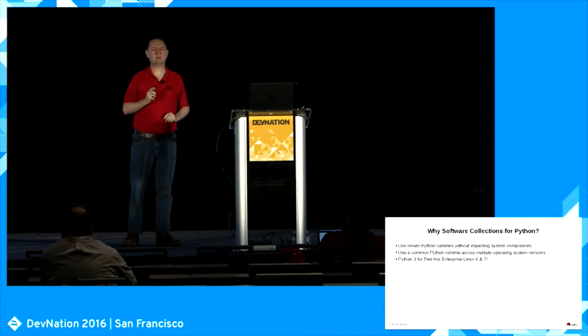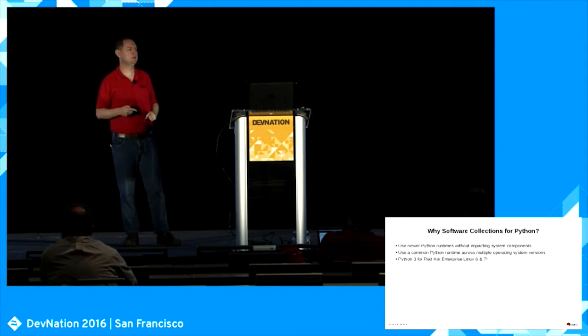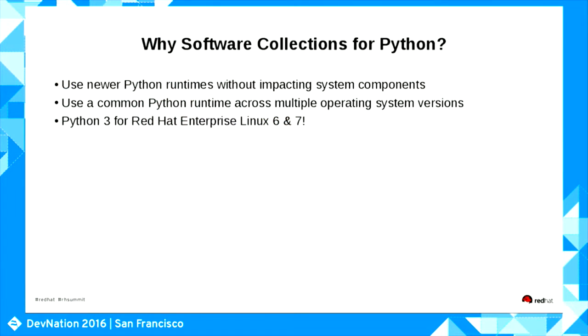And so software collections for Python in particular, number one, it lets you use newer Python runtimes on the operating system without impacting any of the system components that actually use /usr/bin/python and rely on that being a particular version. The other thing it lets you do is use a common Python runtime across multiple operating system versions.